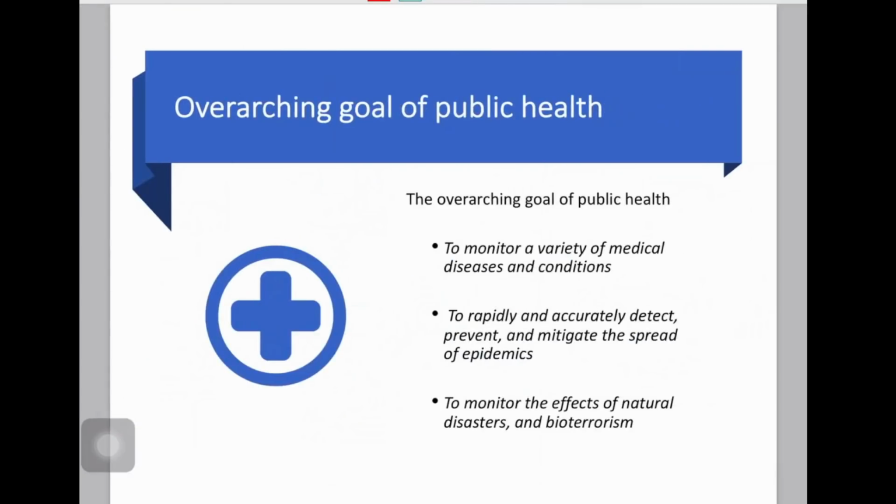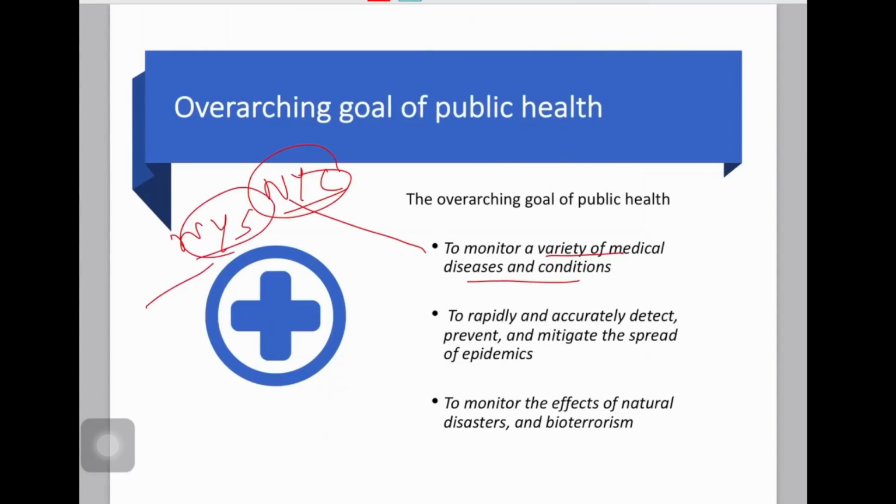We are now here on the overarching goals of public health. What are the main objectives or motives behind public health? The first one is to monitor a variety of medical diseases and conditions, at the society level, the New York City level, the New York State level, the East Coast level, the community level, to monitor how diseases are going.